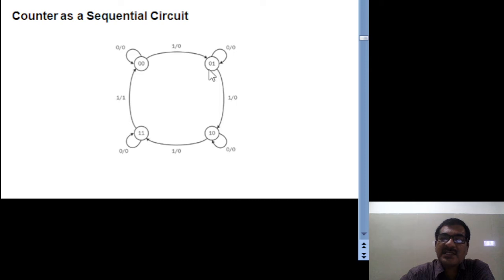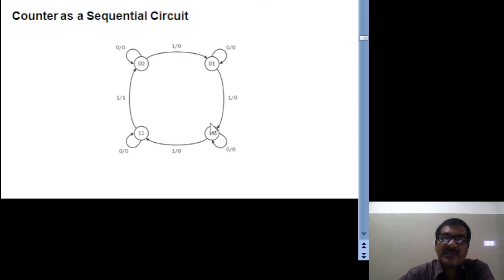Now the present state is 0 1. If 0 is the input, it is there in the same state, that is 0 1, output 0. Suppose if the input is 1, it changes its state from 0 1 to 1 0, and maintaining output as 0.